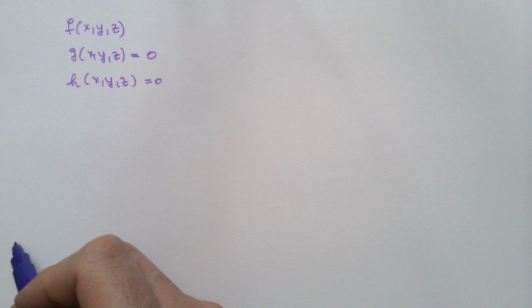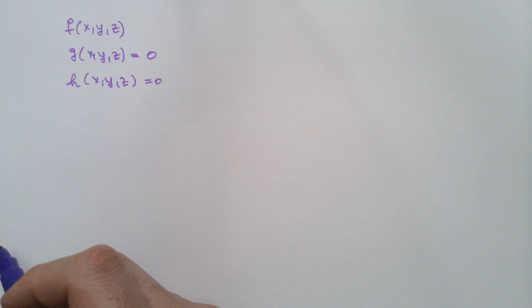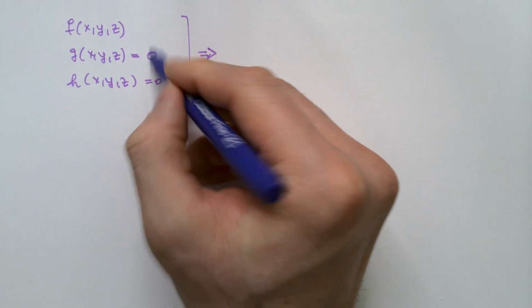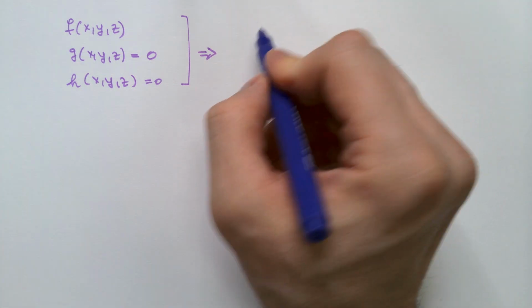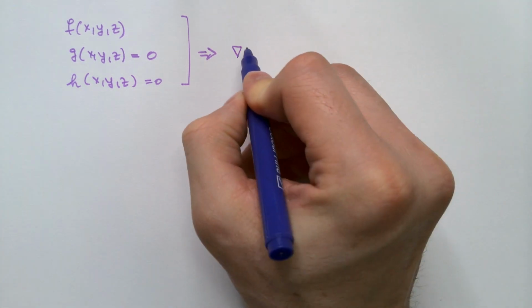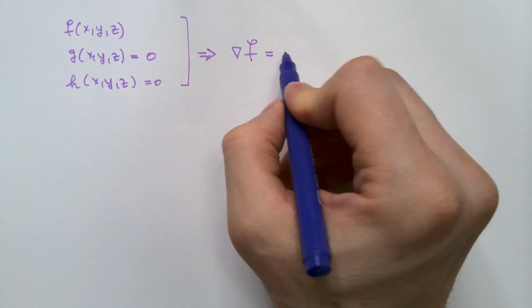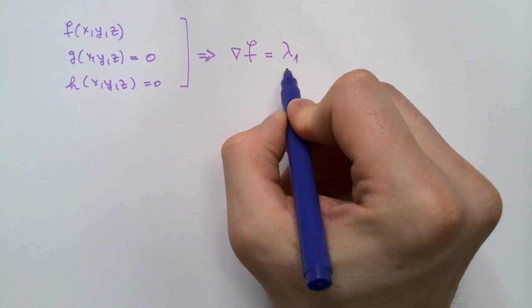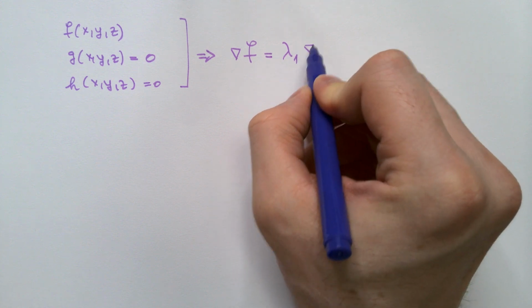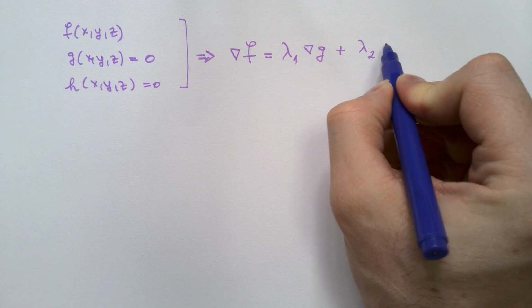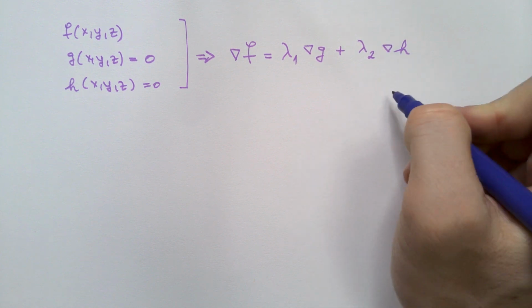How do we proceed? Well, it can be demonstrated. You proceed pretty much in the same way as in the case of one constraint. You combine these three pieces of information in the following way, that you say that gradient of f needs to be first Lagrange multiplier lambda 1 times nabla g plus second Lagrange multiplier times nabla h.